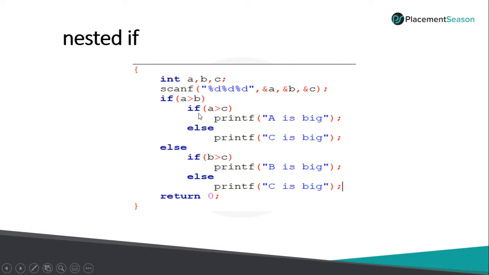It means an if within another if is called nested if. Similarly, you can put an if block inside an else block also. So we are checking the biggest among three numbers. First we compare a with b and then a with c. If the first condition is false, we check the second scenario, b is greater than c.